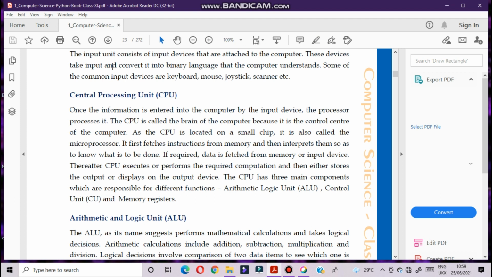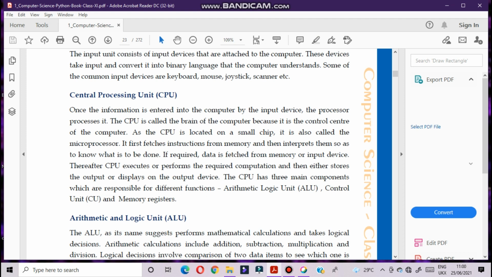Either it will store the data or information in the memory, or it will display it on the output device.